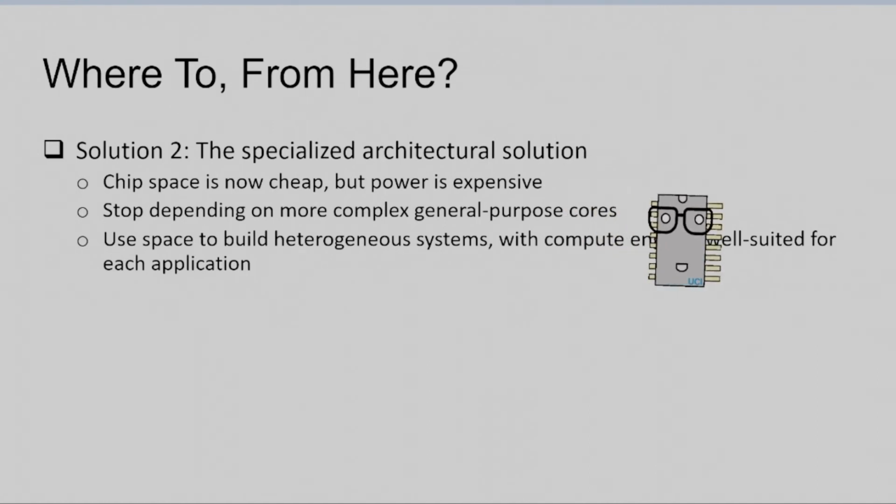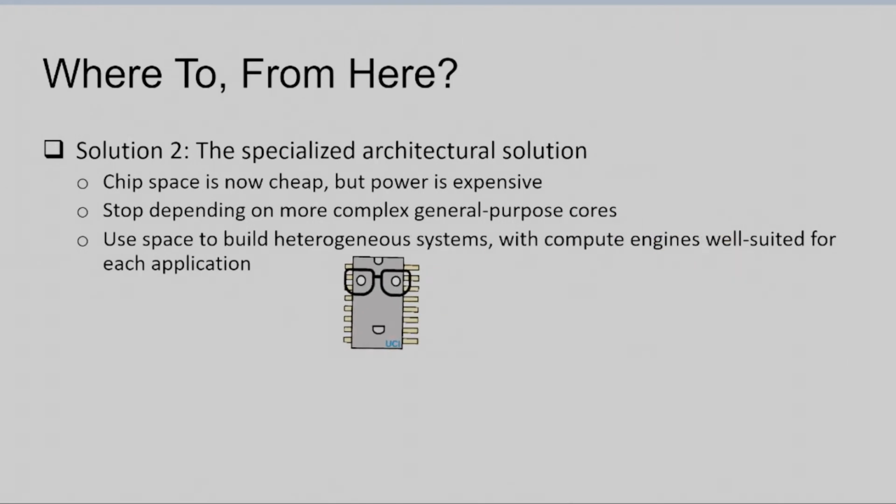So the solution to this could be to stop depending so much on more complex general purpose cores. Instead of building 1, 2, 4, or 8 very powerful, or at least attempting to be very powerful, general purpose cores, we can use that space to build heterogeneous systems in which we have multiple small compute engines, well suited and optimized for each application.